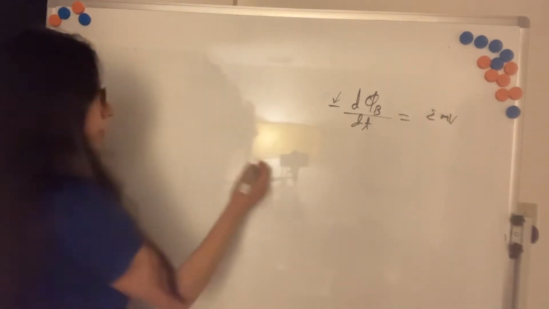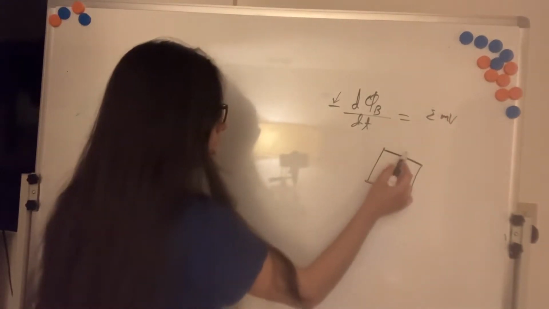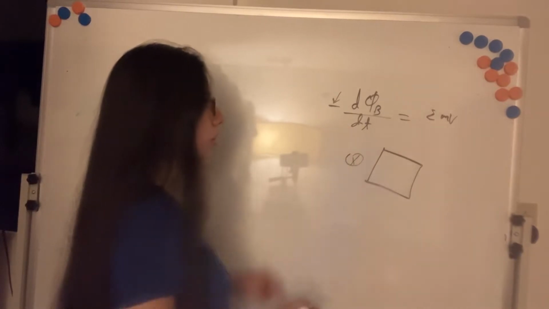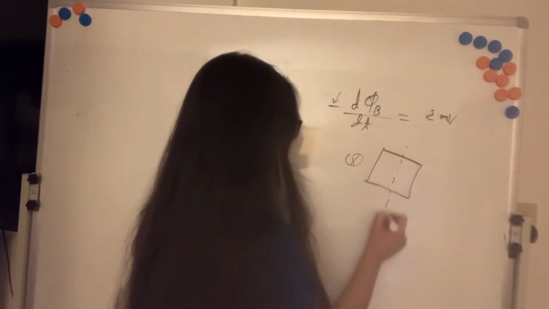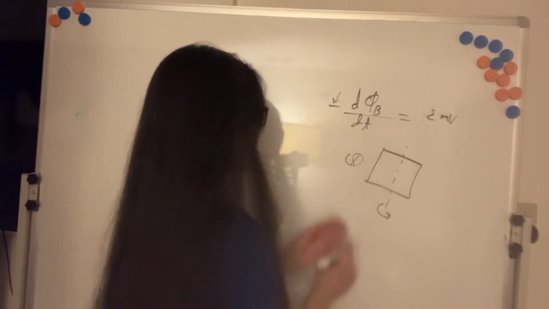One is if we have here a surface, say something like this. The magnetic field goes inward the board, and here we have an axis through which we are going to rotate this surface.